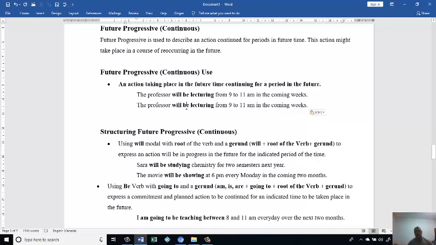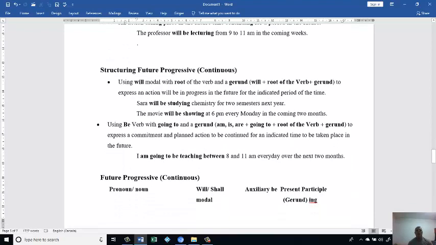That's the reason I put "be" here instead of "is." That means we have both the future simple and the continuous. Then we say future continuous. That's the reason we say the professor will be lecturing from 9 to 11 a.m. in the coming weeks. How do we structure the future continuous?